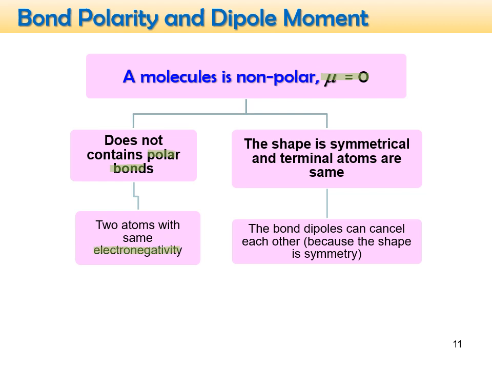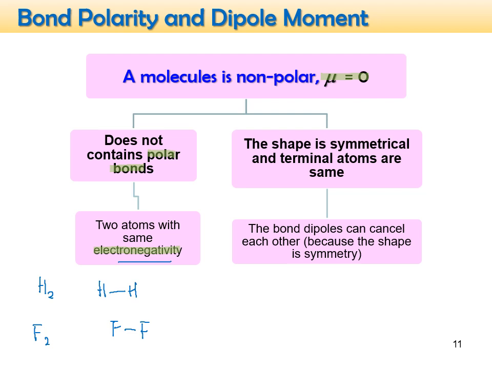So for example, H2, fluorine, F2, and so on, with the same electronegativity. Next, the shape is symmetrical and the terminal atom must be the same.